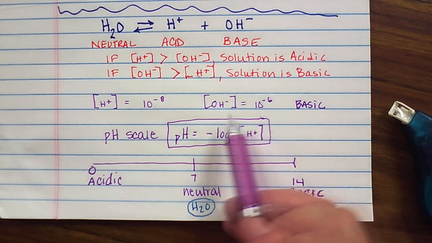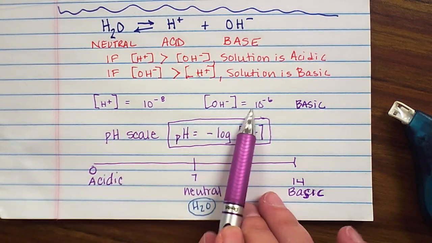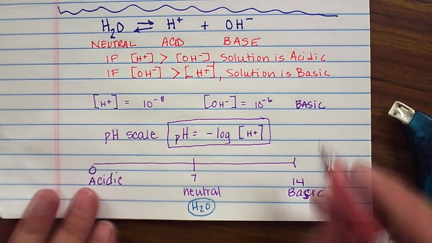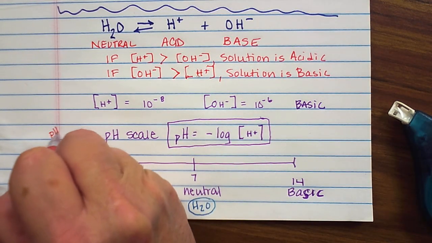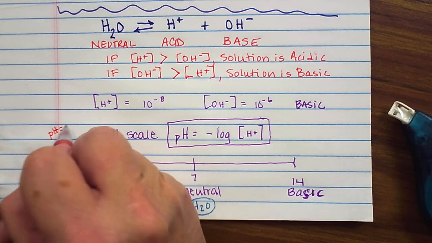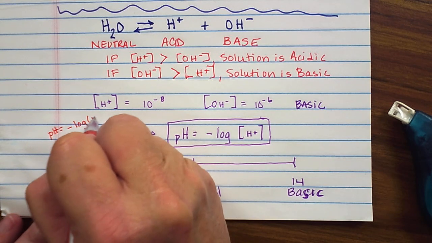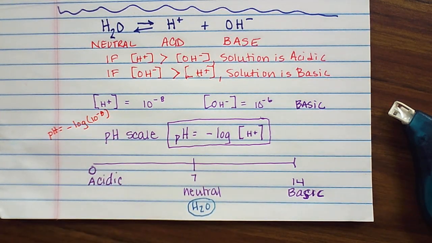So let's take a look at this right here. What is the pH of this solution? Well, I'm going to take the pH of this solution. So the pH is equal to negative log of 10 to the minus 8. And you do this on your calculator.